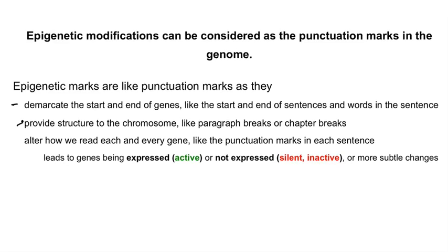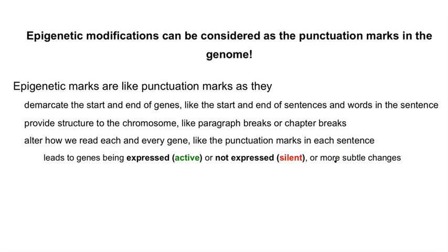And finally, and this is what we'll tend to be focusing on for this course, they actually alter how we read each gene, just like the punctuation marks do at the end of each sentence. We know that there are punctuation marks or epigenetic marks that are associated with a gene that's silent or inactive, for example, like the full stop at the sentence that's shown on this page.